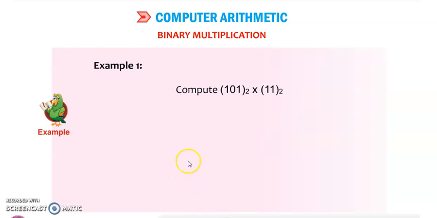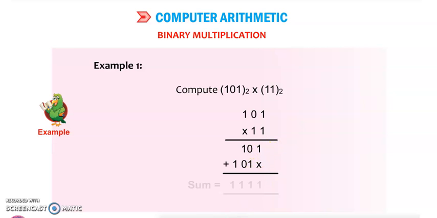Example number 1. First we have to multiply 101 by 11. It is simple. 1 into 1 is 1, 1 into 0 is 0, and 1 into 1 is 1. Now take the second one. 1 into 1 is 1, 1 into 0, and 1 into 1. After that we have to add these numbers.